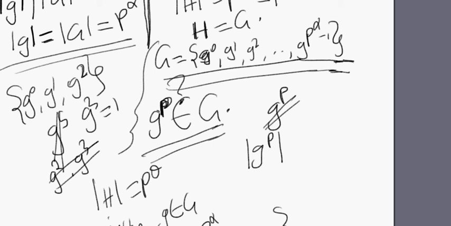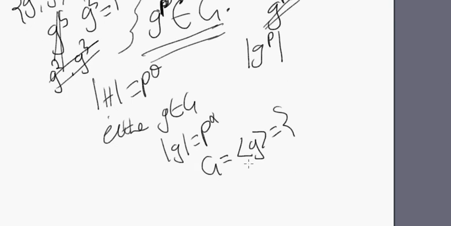If there's an element of order p to the alpha, then G has to be cyclic, and G has to look like this: g to the 0, g to the 1, up till g to the p to the alpha minus 1. And then from there, again, we'd consider the element g to the p and ask ourselves, well, what's the order of g to the p? That's where we'd reached before. And now we've reached the same kind of question again in two different ways.